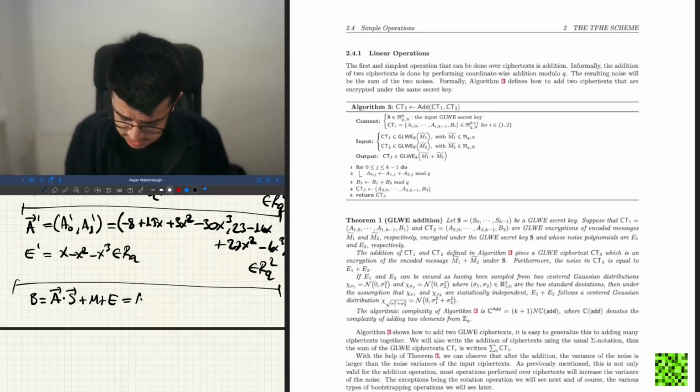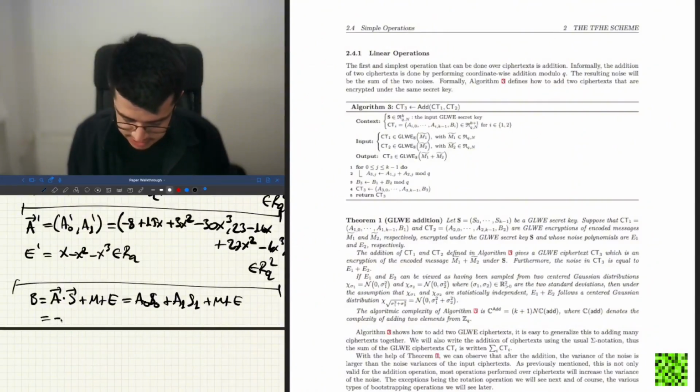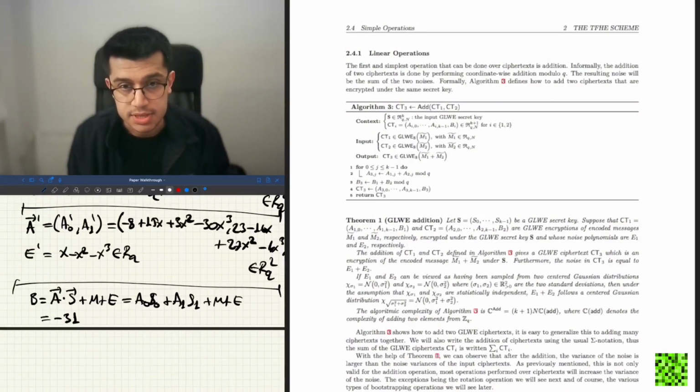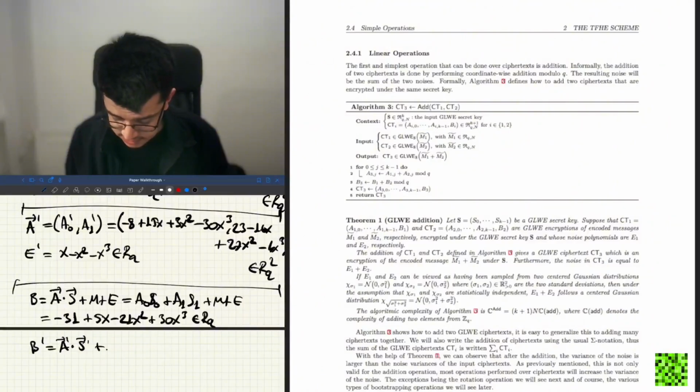It's gonna simply be equal to a0 s0 plus a1 s1 plus m plus e, right? So henceforth, when you perform these calculations, you're gonna have minus 31 plus 5x minus 21x squared plus 30x cubed from RQ.